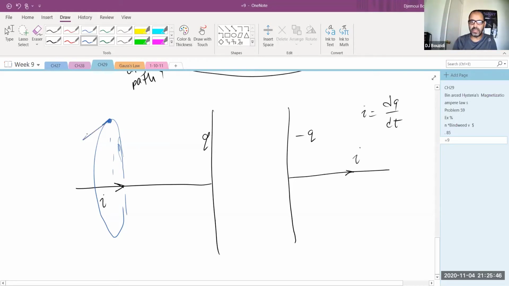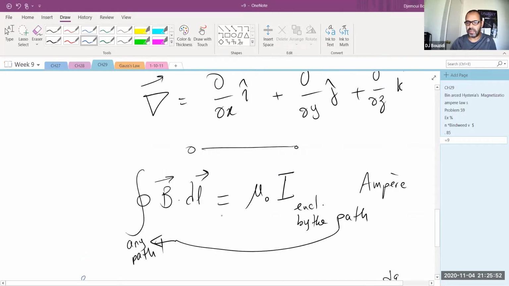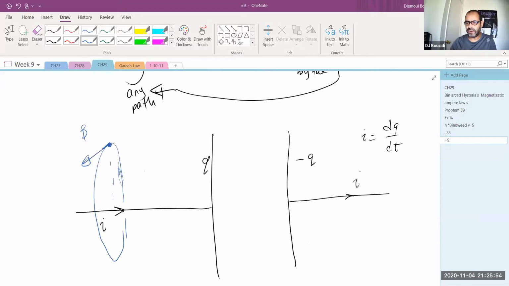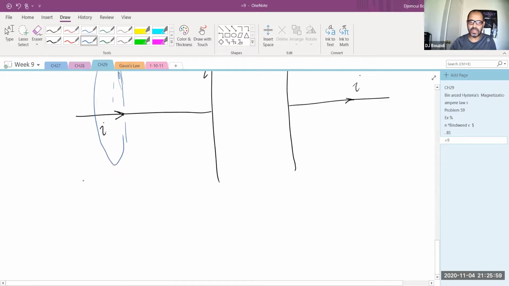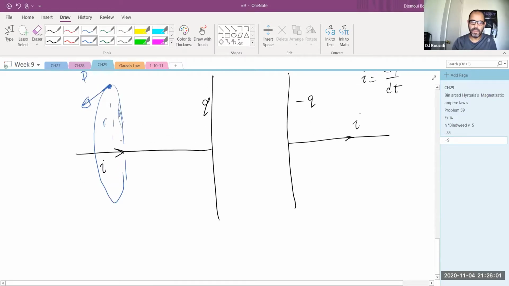Ampere's law says the circulation of B over this circle, which is just B times 2 pi r, where r is this distance, is equal to mu naught times I, and I is this current. That's good, because that's the I that crosses this area.